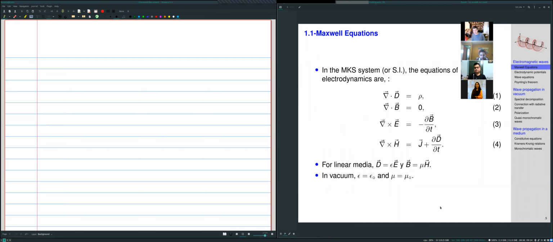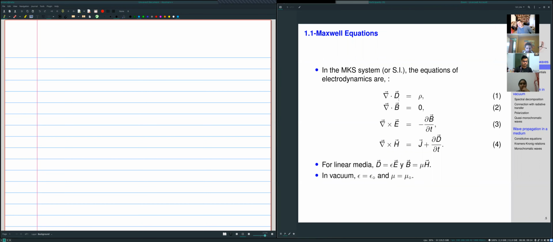So these are the Maxwell equations in vacuum. No, that's with sources. So this is in a medium. That depends on the electric displacement vector, the electric field, the magnetic field, and the magnetic induction. Well, those names depend a bit on which textbook you're following.